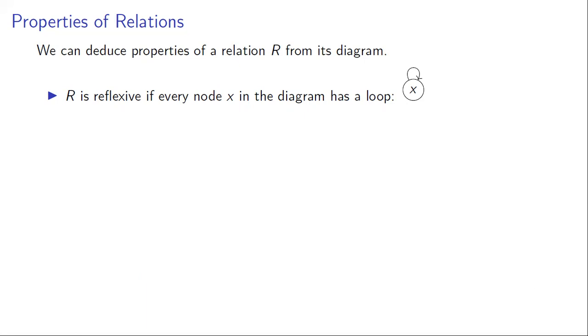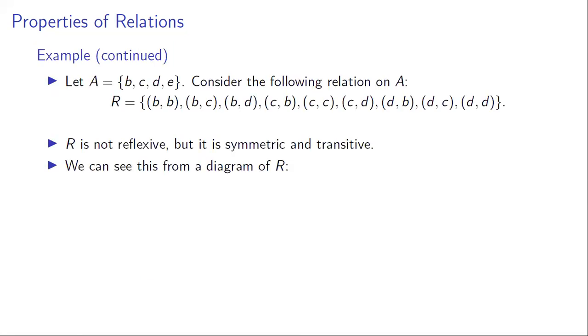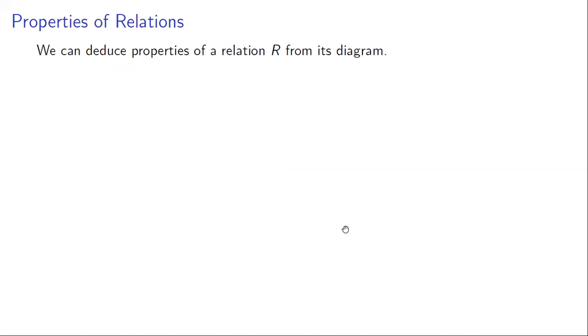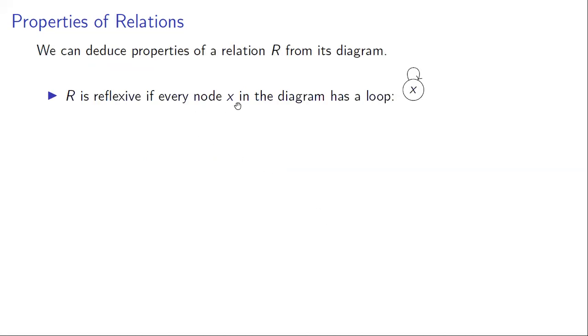Now, if this is not the case for every node, then the relation is not reflexive. In this diagram, one of the nodes did not have a loop, so therefore the relation was not reflexive. But R is reflexive if every node X in the diagram has a loop.